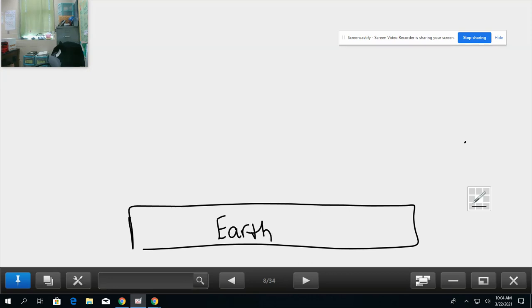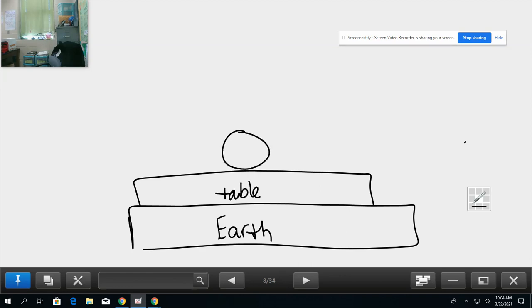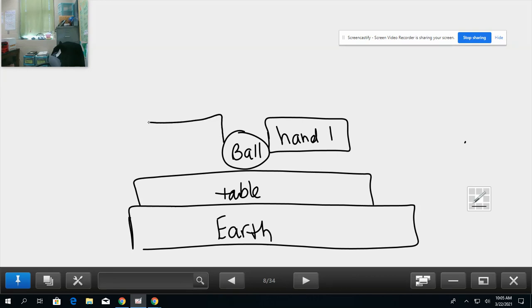Sitting on top of Earth is the table. Sitting on top of the table is the ball. And on either side of the ball, in contact with the ball, is hand one and hand two.